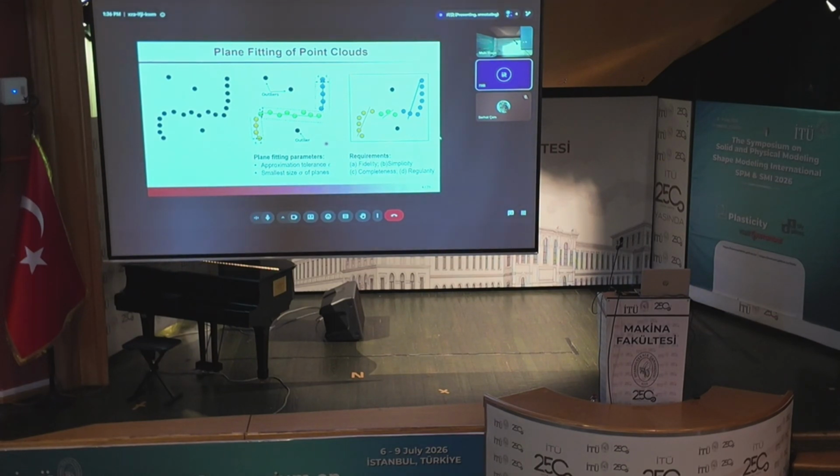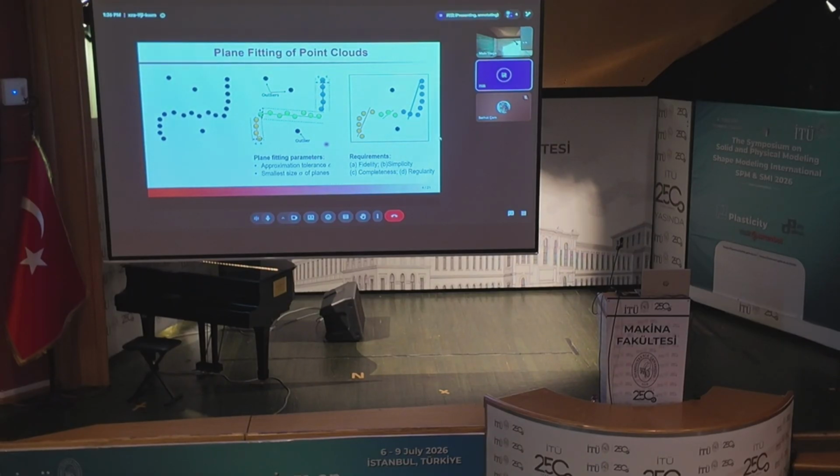The plane fitting should satisfy four requirements. First is the fidelity, meaning that planes should fit the points well. For example, the three planes here do not fit the points well. The second is simplicity, meaning that we do not want a point set that could be approximated by one single plane to be split into several parts.